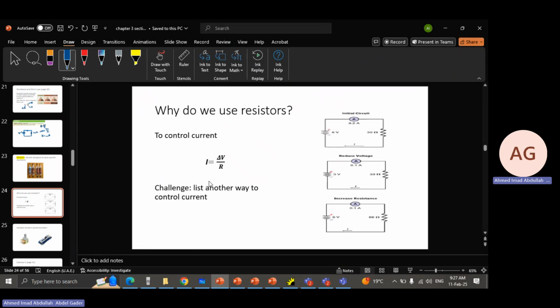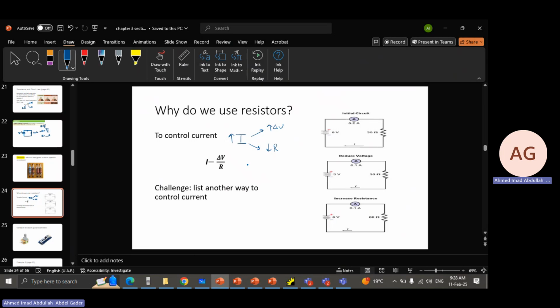Now, why do we use them? We use them for numerous reasons. One of the reasons is to control current, because if we rearrange Ohm's law and make I the subject, then we get I equals delta V over R. So we can see that we can increase the current by either increasing the potential difference or by decreasing the resistance.